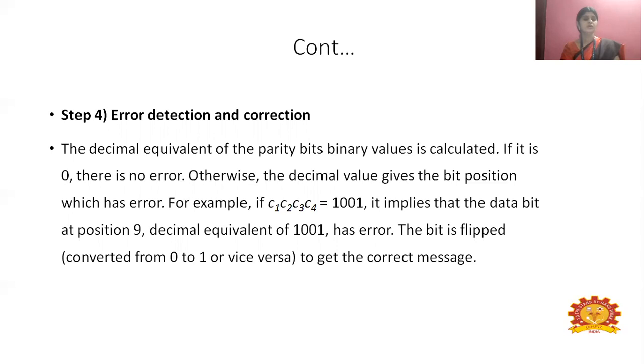So the bit at position 9 has an error. The bit is flipped, that is converted from 0 to 1 or vice versa, to get the correct message. If it is 0, it should be changed to 1. If it is 1, it should be changed to 0.